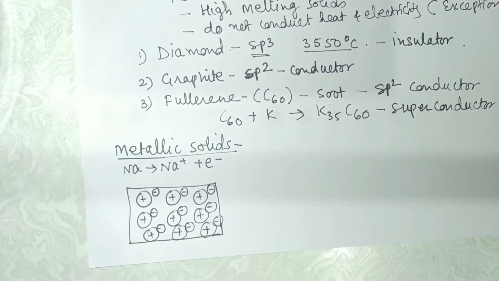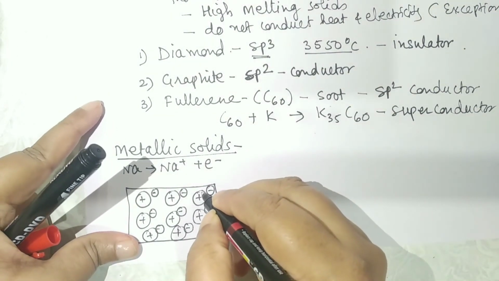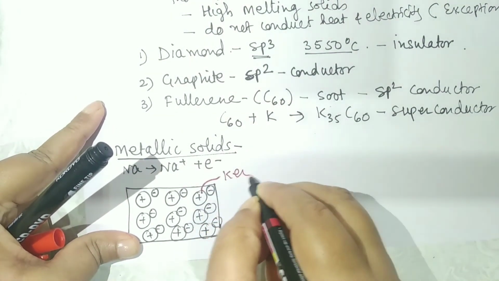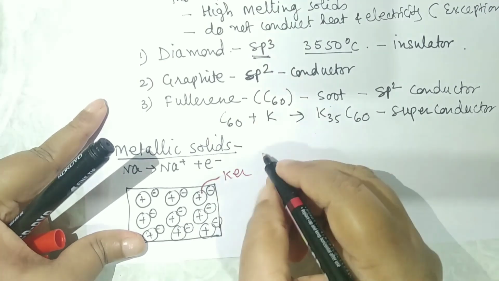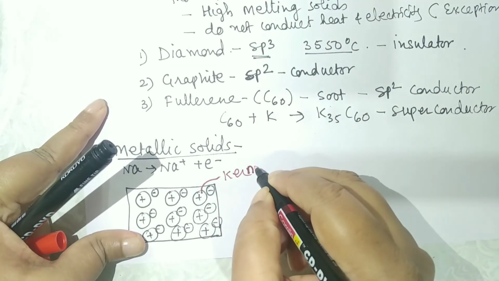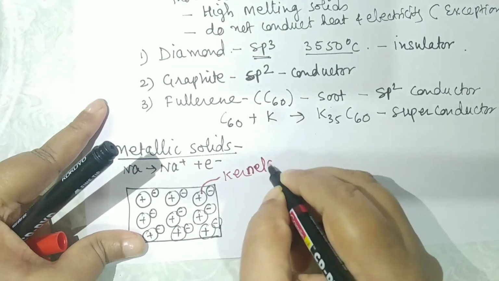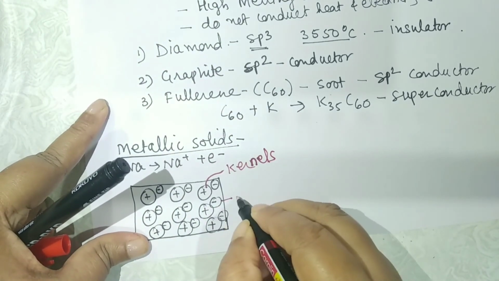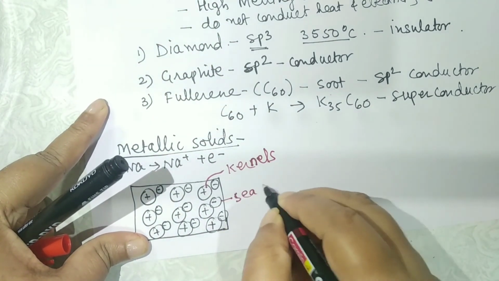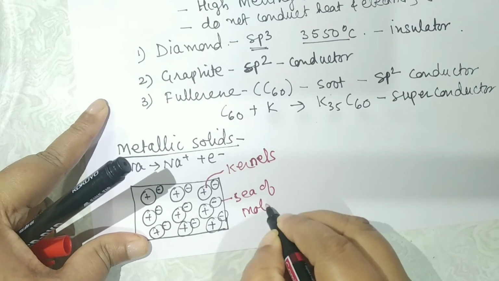This is how it looks like. The positively charged ions which are present, that is sodium ions here, they are called as kernels. And those are called as the pool or the sea of mobile electrons.